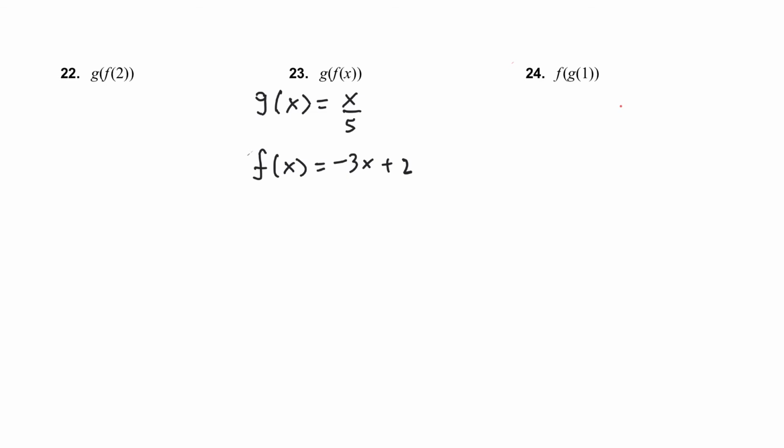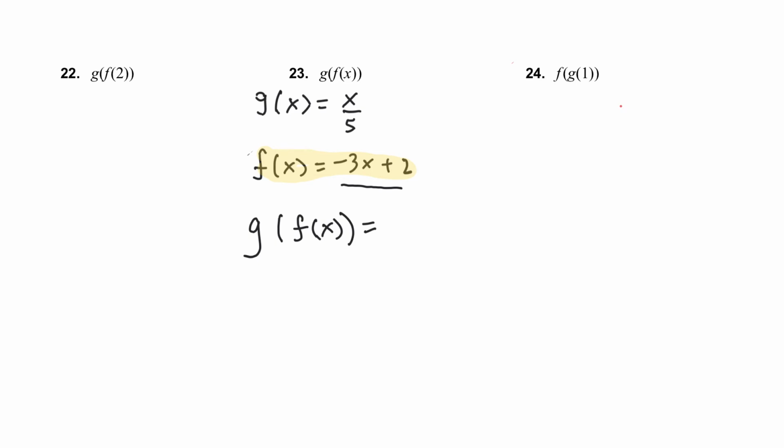So this is composition. I have function g that will take in function f. So let me see if I can highlight and make it easier to understand. I know that function f is the equation negative 3x plus 2. So you are passing in that equation.